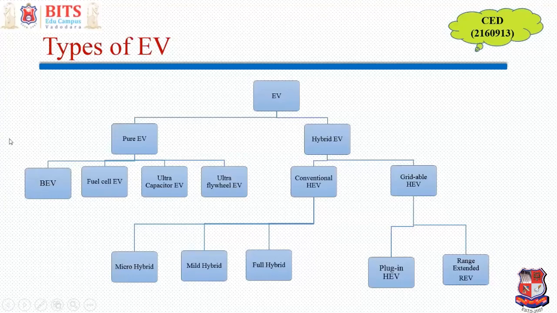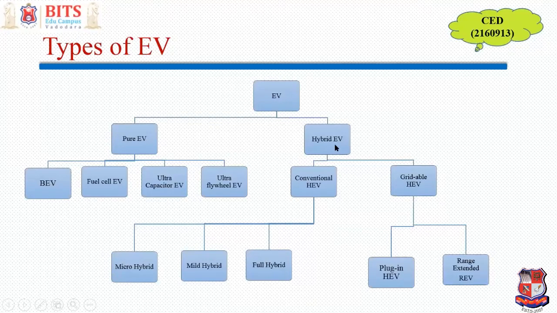Now, during the past few years, pure electric vehicles were challenging. So people thought, why not slowly go from internal combustion engines to electric engines. So they started developing hybrid vehicles.